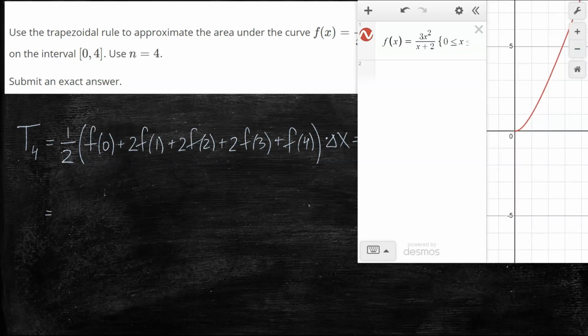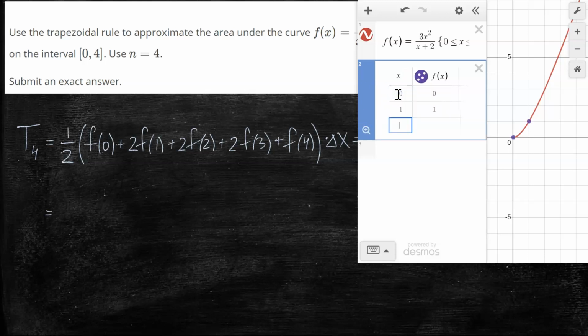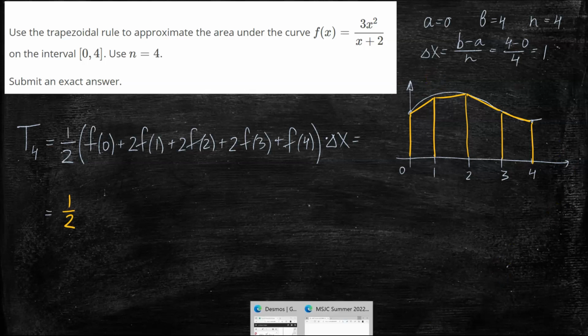Alright, so it's an increasing function, and I'm going to need this table of inputs and outputs. So we're going to plug in all this: 0, 1, 2, 3, and 4. Should take a screenshot of that.